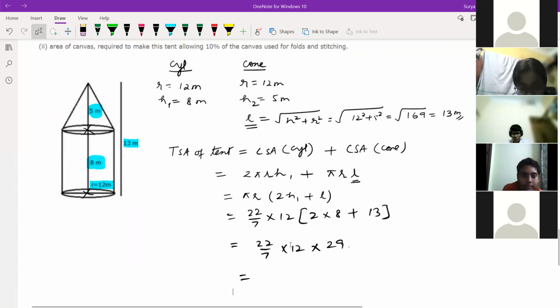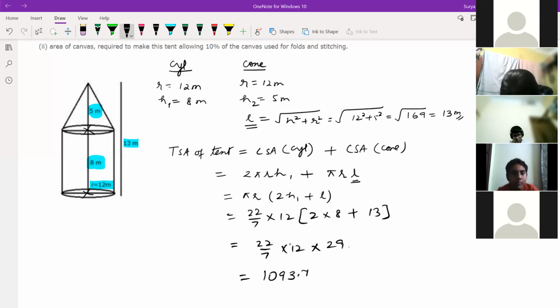I will just use the calculator to see whether we are getting the same answer or not. 22 into 12 into 29 divided by 7. 1093.71 meter square.